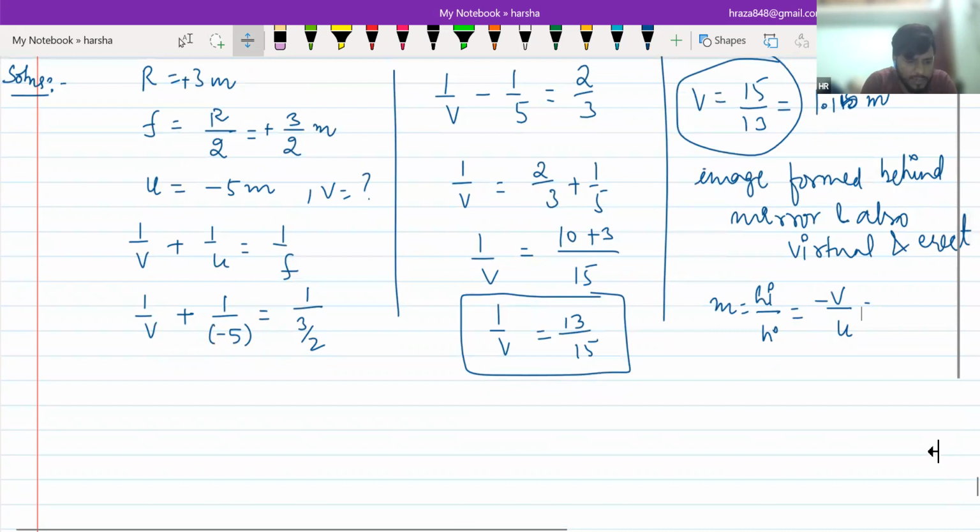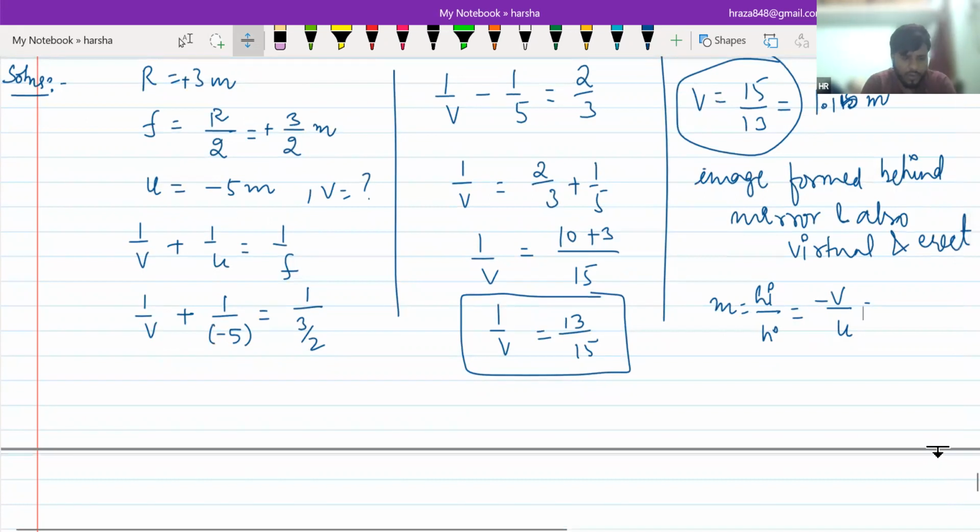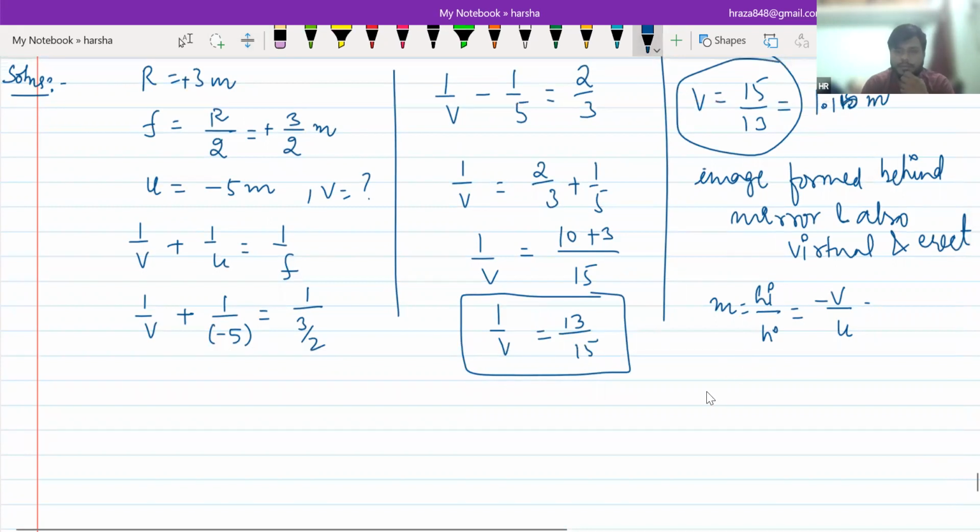Is the size of the image given? Okay, magnification will be equal to minus, and v has a value 1.15 and u has a value minus 5. So you can solve it and it will be negative, negative, positive.